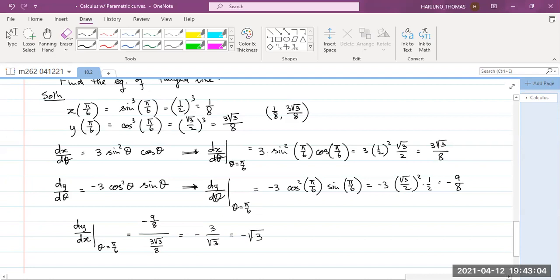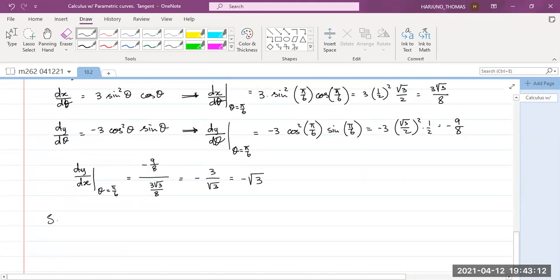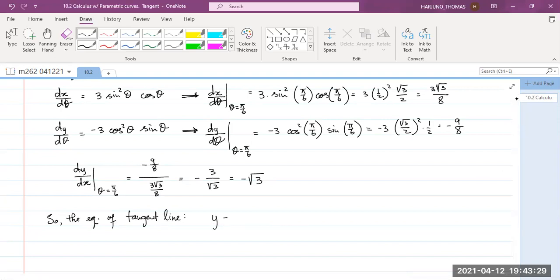That's the slope. So the equation of the line will be y minus y1.